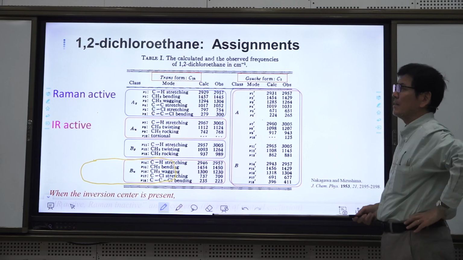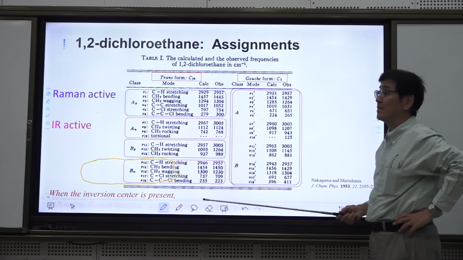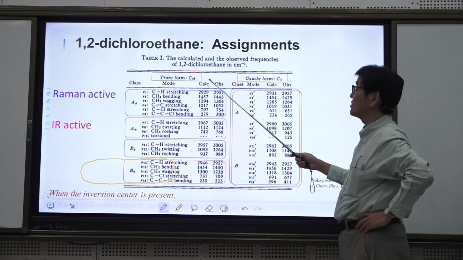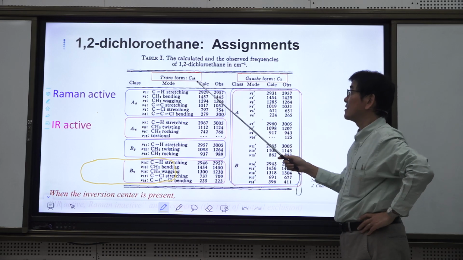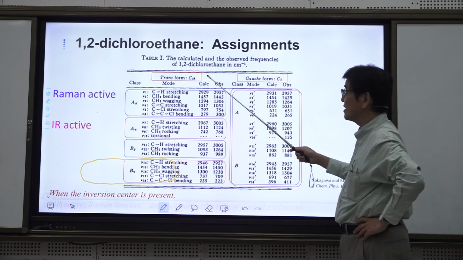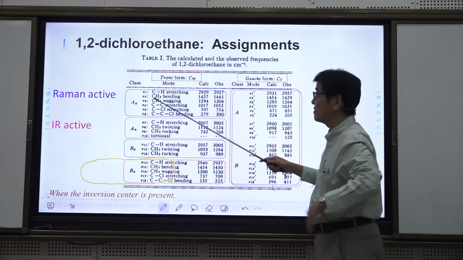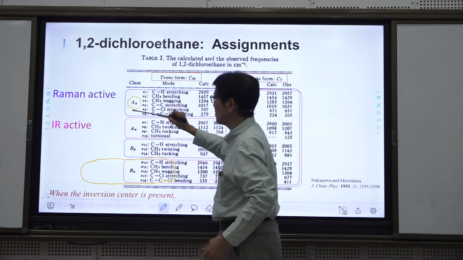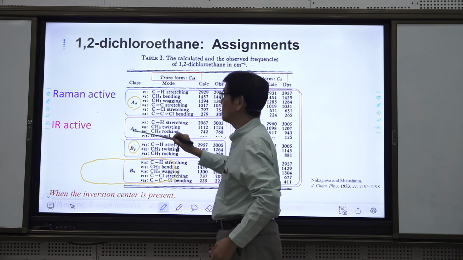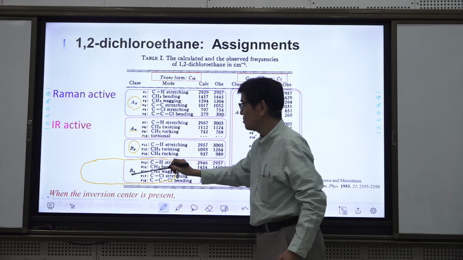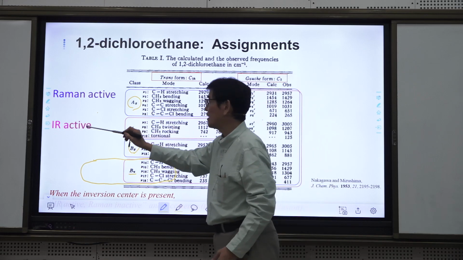And in the textbook, you will find the table of symmetry operations, and we can say the molecular vibrations that belong to Ag group, Bg group are Raman active. Au group, Bu group are IR active.